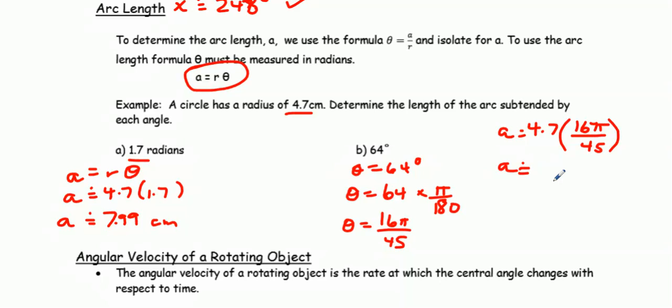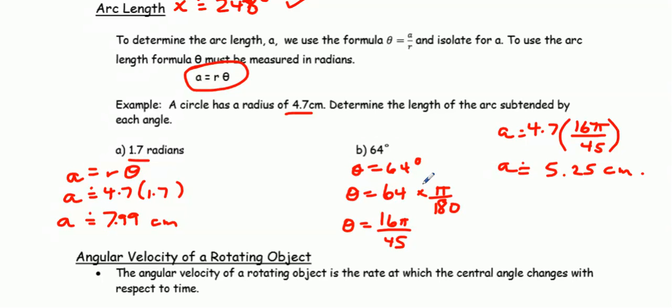I will just get an approximate value. So this is going to be 4.7 times 16 times 4 divided by 45, which is 5.25. And again, this is centimeters.